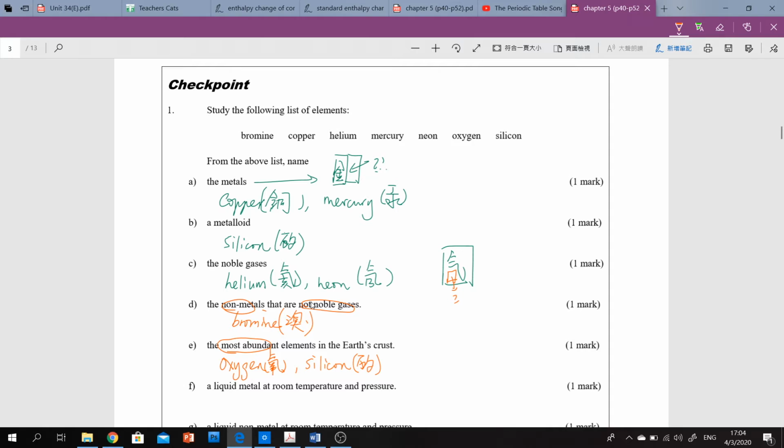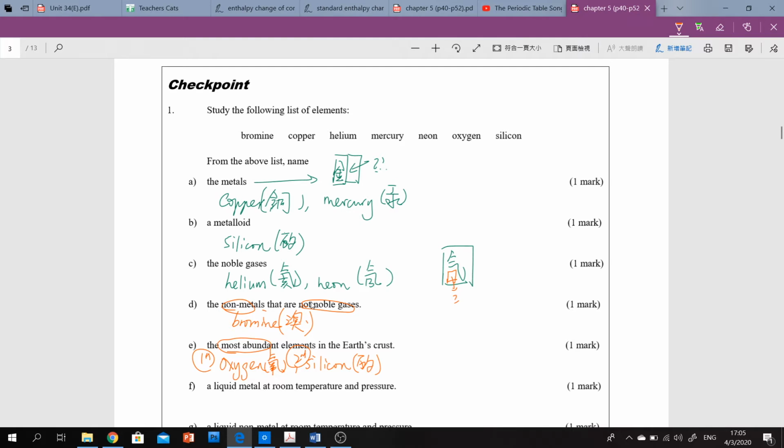In your exam, I would also ask you something like this: what is the most abundant metal element in the earth crust? Do you know? The first most abundant. Iron or aluminium? Do you know?